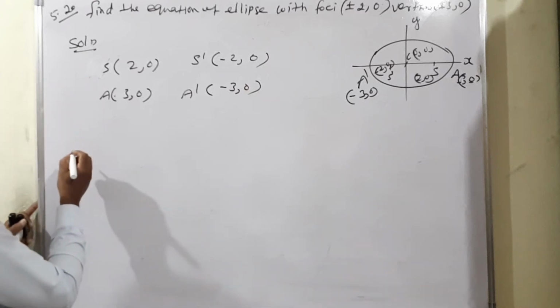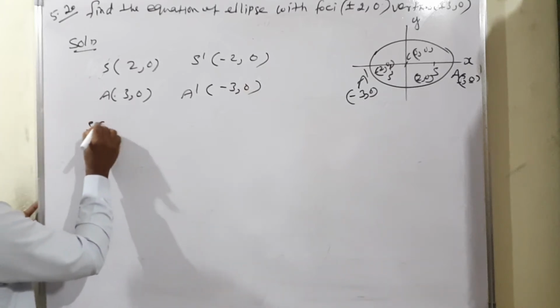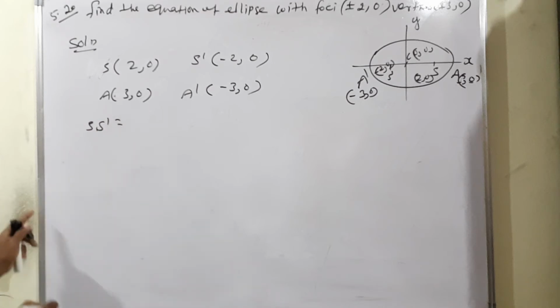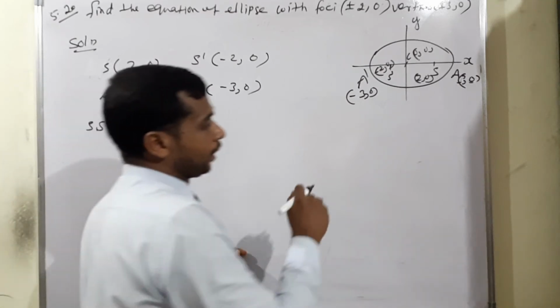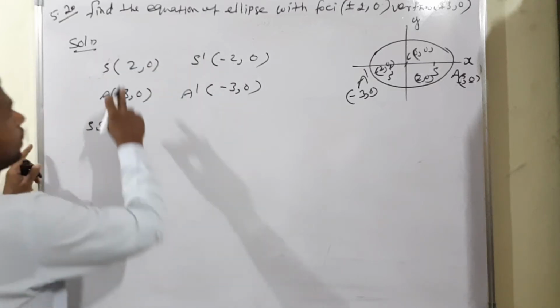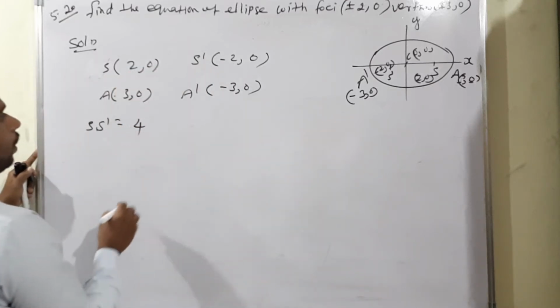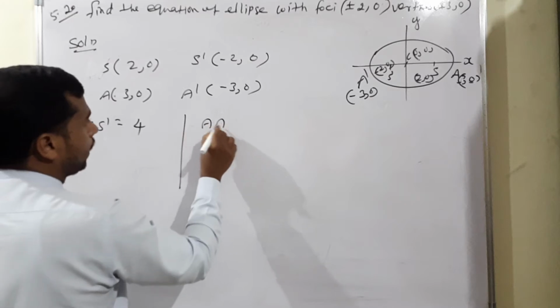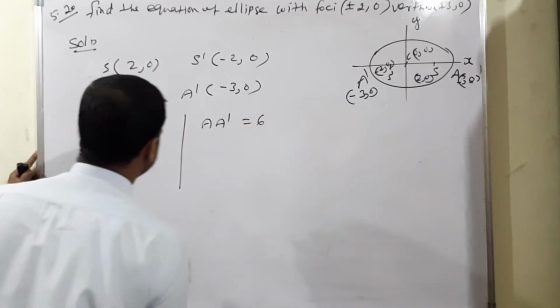First the length, S dash, isn't it? So S dash means distance, always negative value also convert to positive. S dash means what is the meaning? 2 plus 2 is equal to 4. Then what is the meaning of A dash? 3 plus 3 is equal to 6.